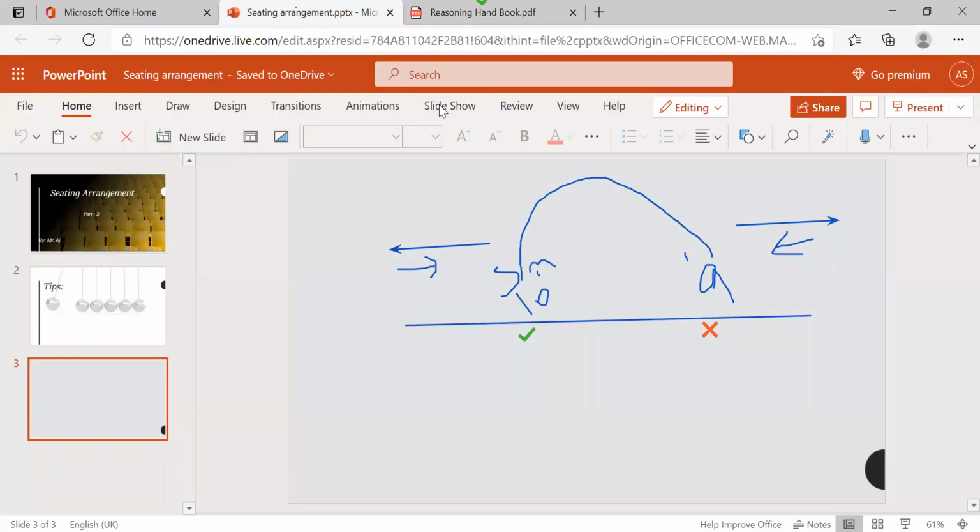Okay. Now Sheetal comes here, Lena comes here.